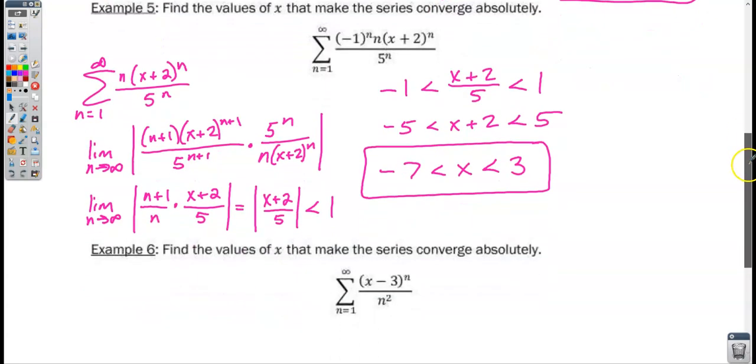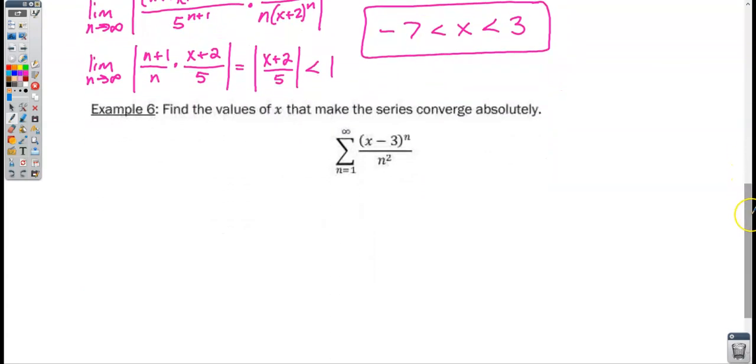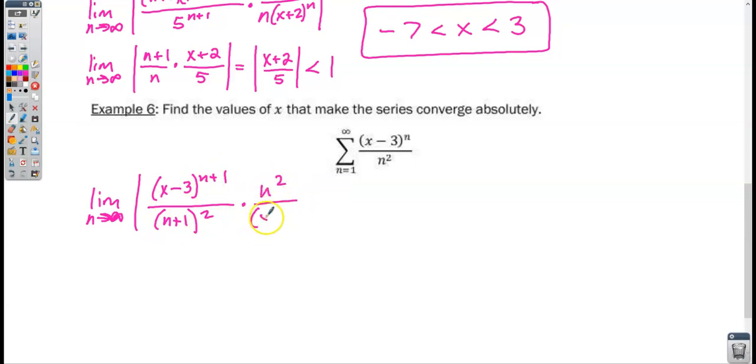Example 6. Find the values of x that make the series converge absolutely. We're going to do that again. Notice here we don't have an alternator, so we can just go ahead and apply the ratio test to this series. We're going to take the limit as n goes to infinity of the absolute value of x minus 3 to the n plus 1 all over n plus 1 quantity squared times the reciprocal of the nth term.